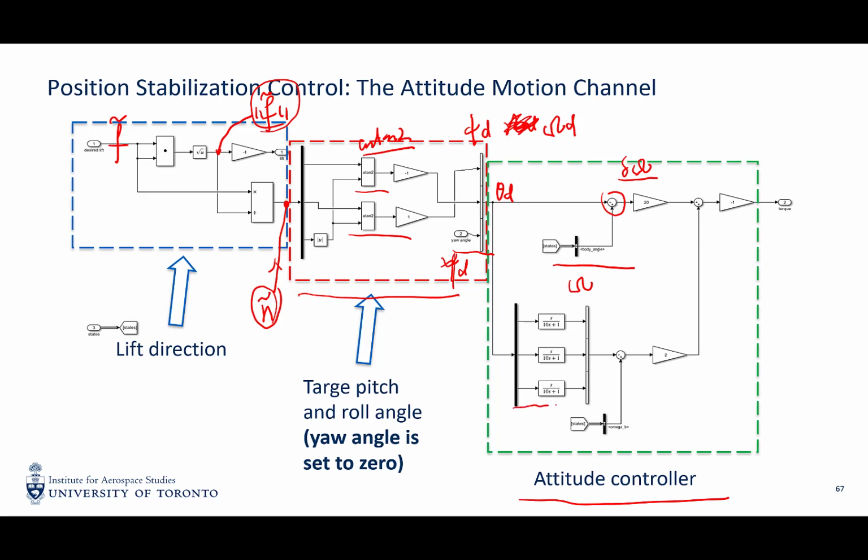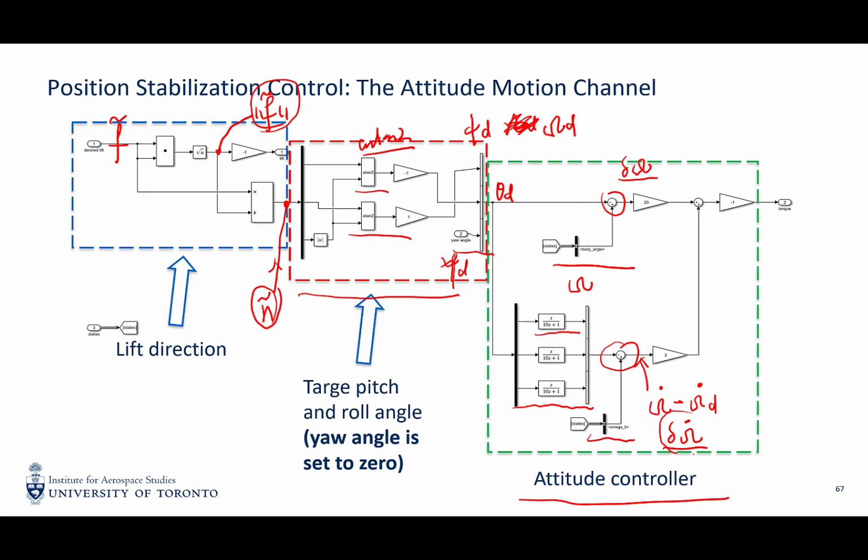This is a high pass filter to do a filtered differentiation of the desired Euler angle, and this is the actual body rate. So at this port, you get omega dot minus omega d dot, which is delta omega d dot.